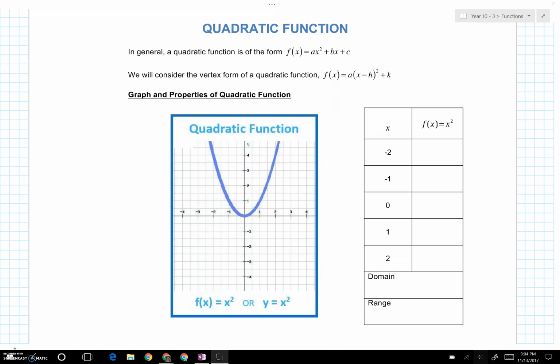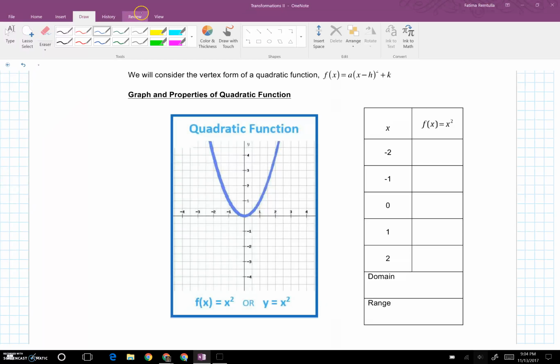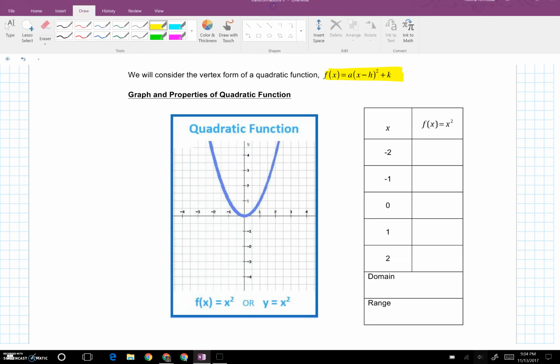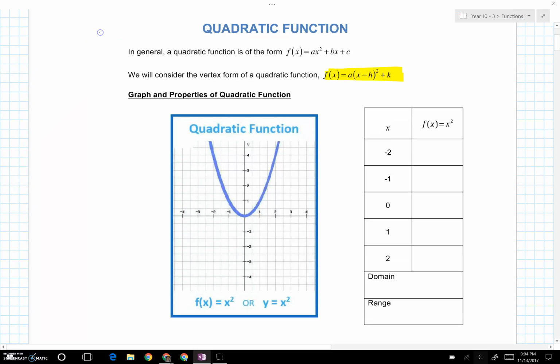given here. Now, if I go back to what we did last time and I say, here is my quadratic function, and if I have my general form, I want to know what's going to happen if I substitute key numbers into the x value and what numbers come out. So we know that I have my vertex at 0, 0 of the original.